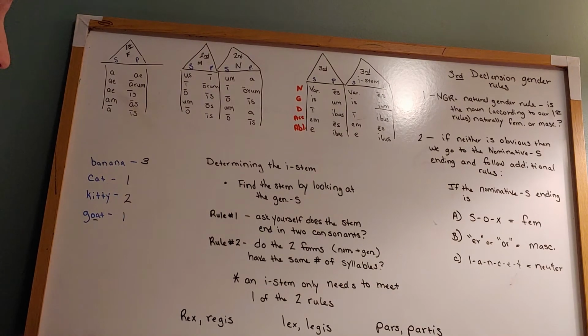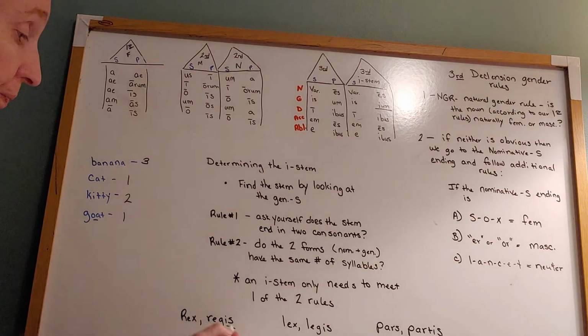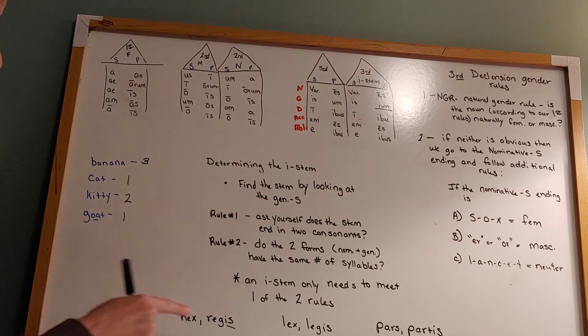The first thing I want to do is figure out: here is our nominative, this is our genitive. I see that we have an IS in the genitive. All right, that tells me it's third declension, first and foremost.